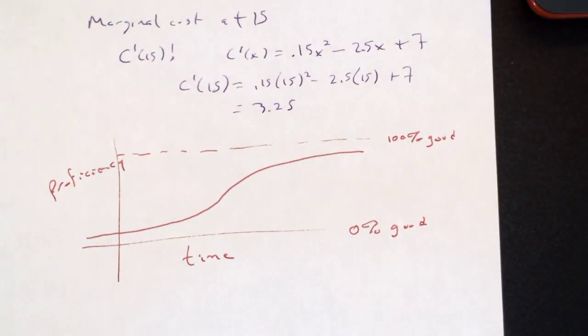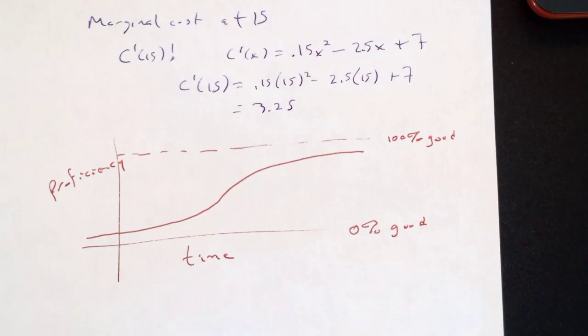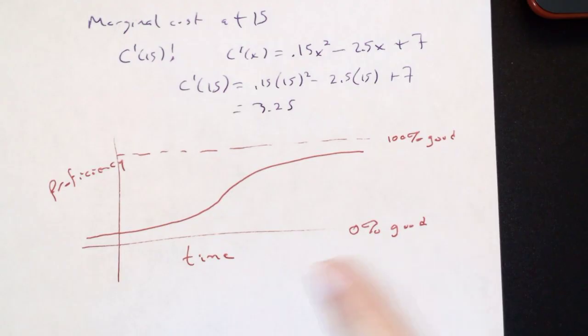In a very real sense, in order to get good at anything, first you have to suck at it. And you have to get to the point where you're a little bit less sucky. And then all of a sudden, that slope increases. And you're better and better and better in a very short period of time. And then that starts to taper off and you're as good as you can be at whatever this is. I don't care whether you're learning calculus or how to tap dance. The same thing is true.